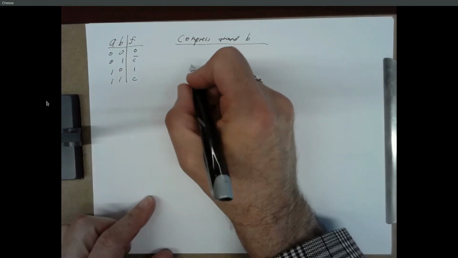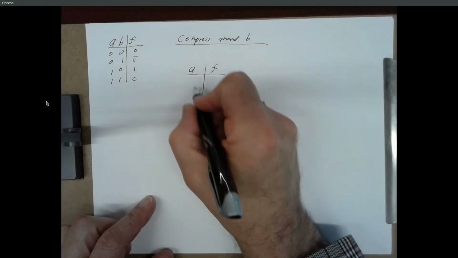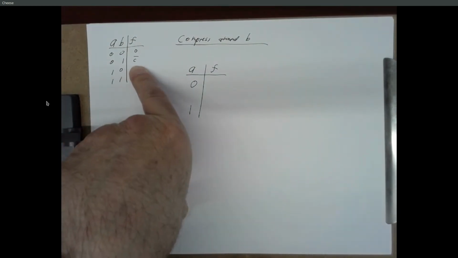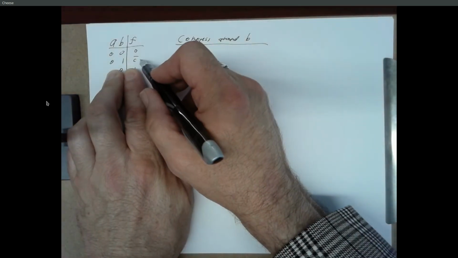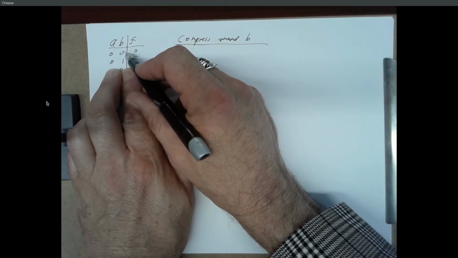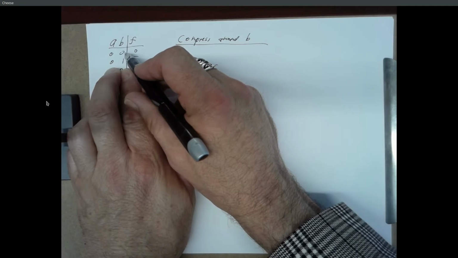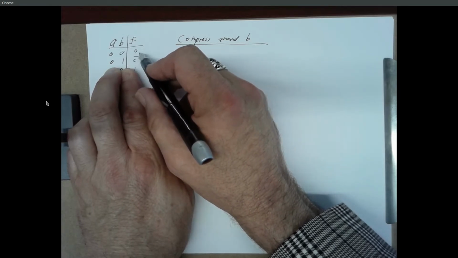So if we're going to have an input A and we're going to have an output F. And A is either 0 or 1. So if A is 0, F could either be 0 or it could be C bar. And it really depends on the value of B. So if B is 0, F is going to be 0.